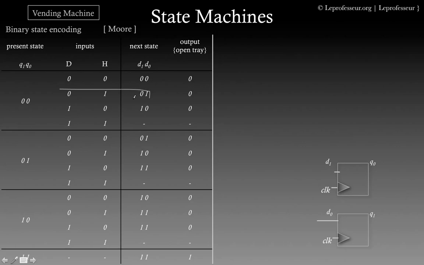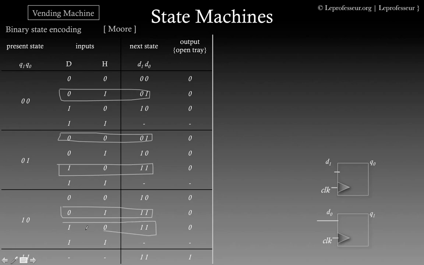So D1 is 1 here, sorry, D0. D0 is 1 here, D0 is 1 here, and D0 is 1 here, D0 is 1 here, D0 is 1 here, and at the bottom.